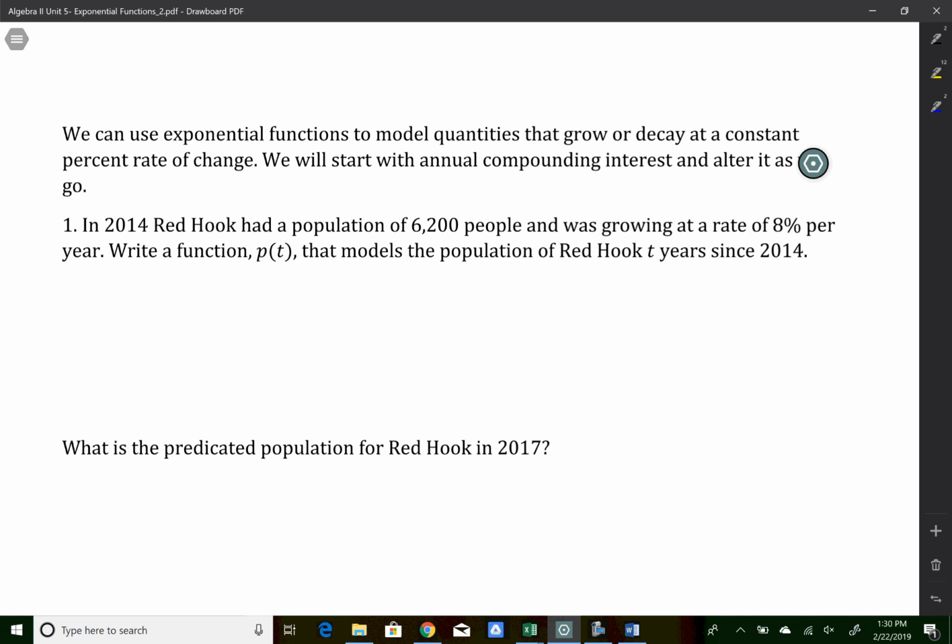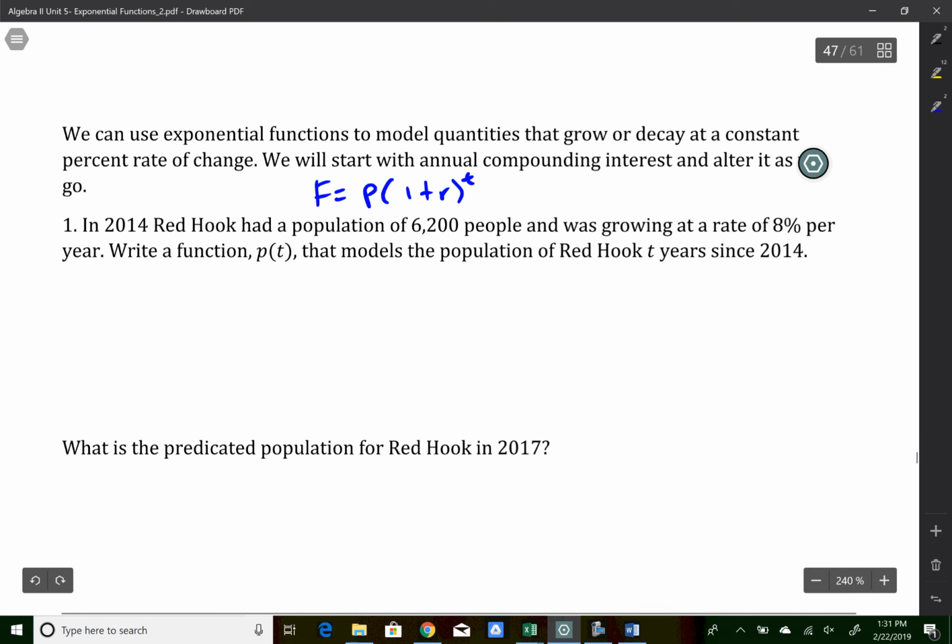Since it's per year, and it doesn't say the word continuously, it's not compounding in different ways. You can just use the regular future equation of P times 1 plus R to the T. So we just want to use the correct variables.